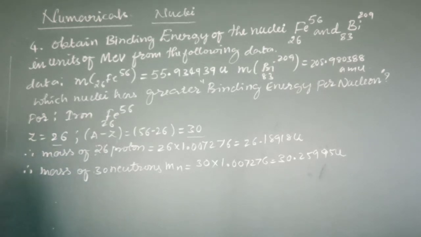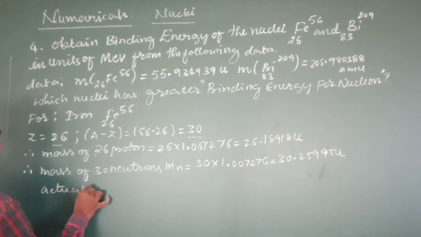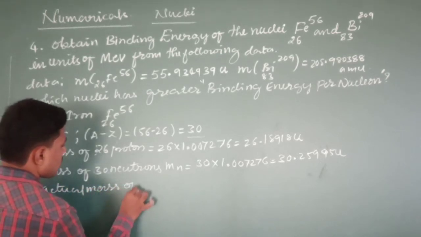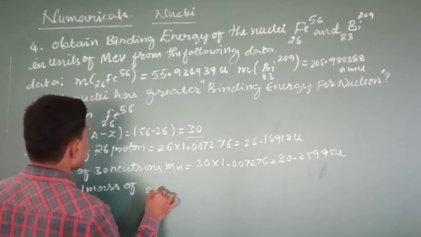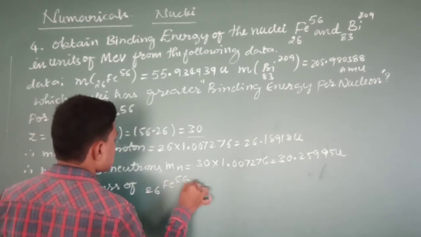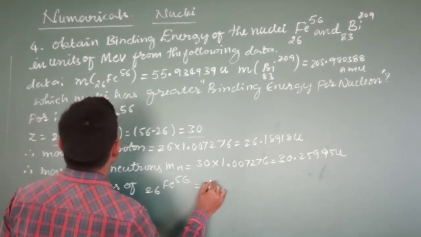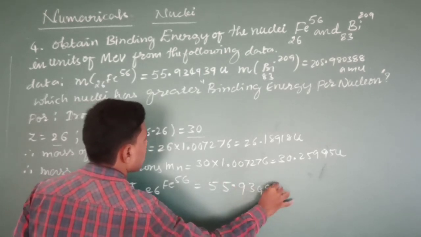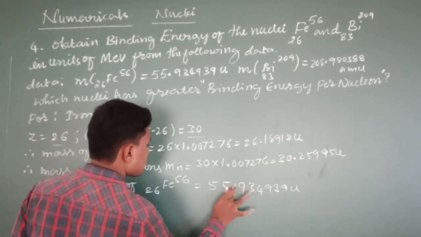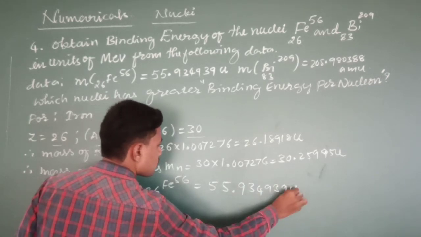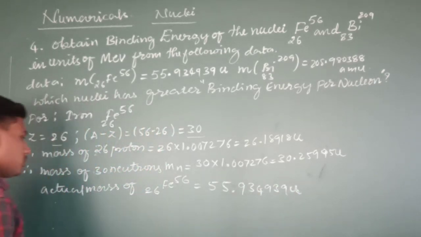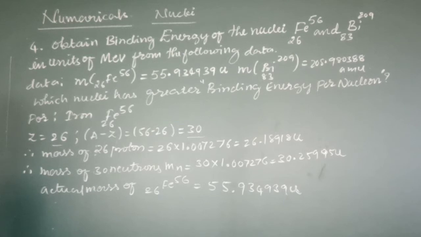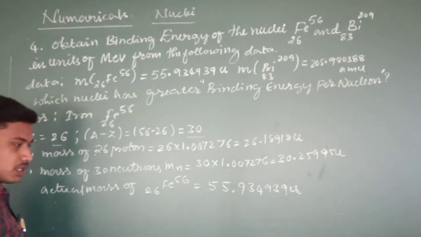Therefore the actual mass of Fe-26-56, which is given, is 55.934939 atomic mass unit.